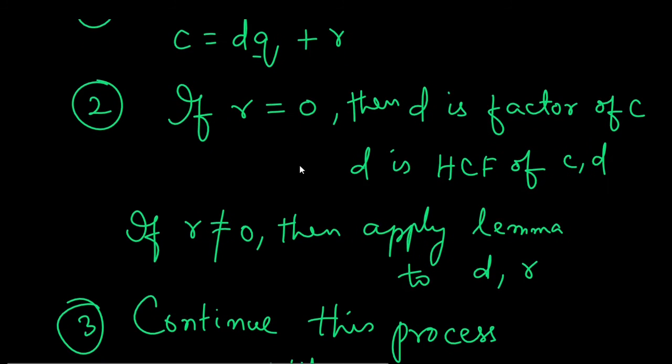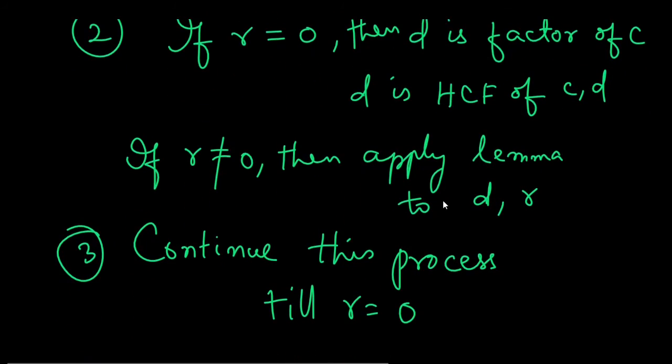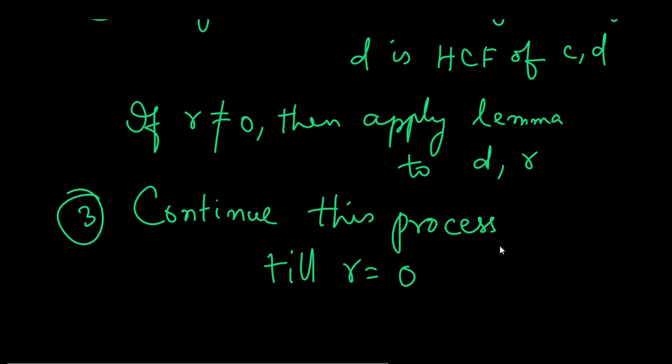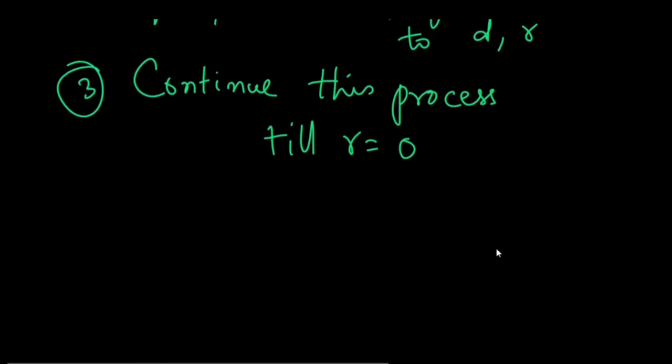If R is not equal to 0, then we proceed further. We consider the remainder as the divisor and old divisor as dividend. Then we continue till R is equal to 0.